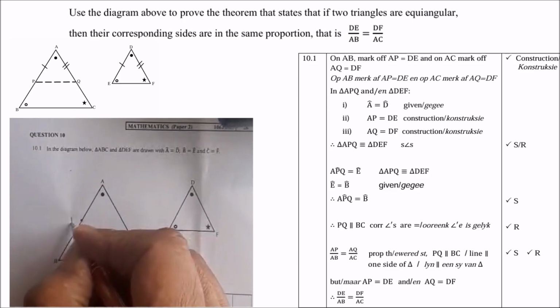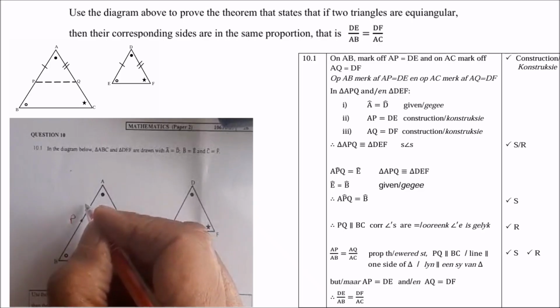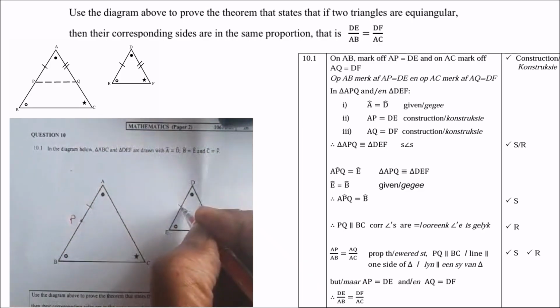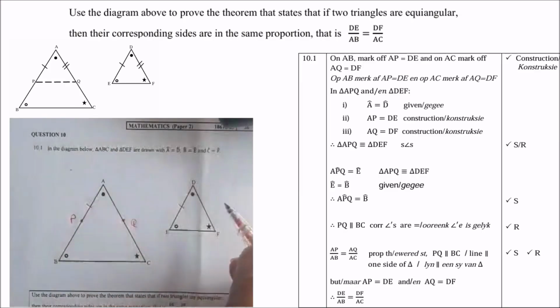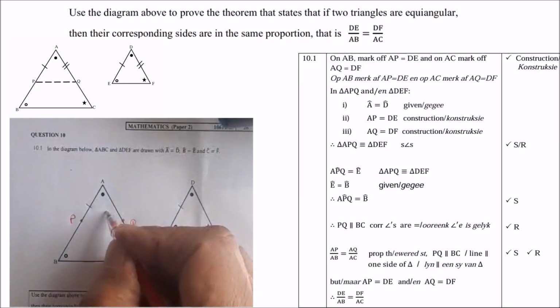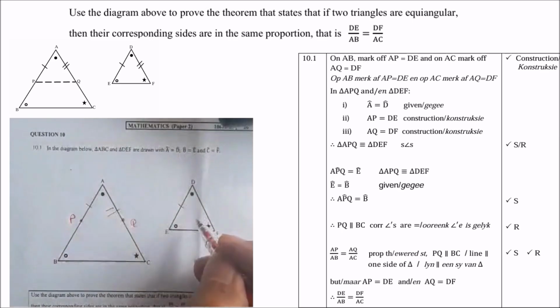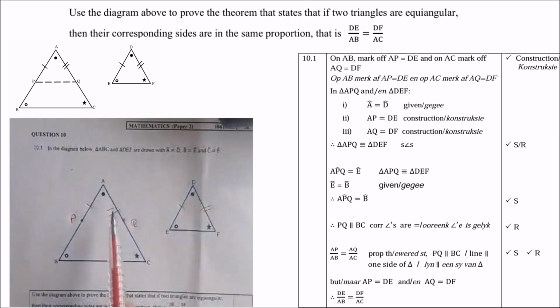And you also mark off Q there, so that AQ equals DF, so that those sides are equal. Right. So in triangle APQ, which is this triangle, I need to complete this drawing there.